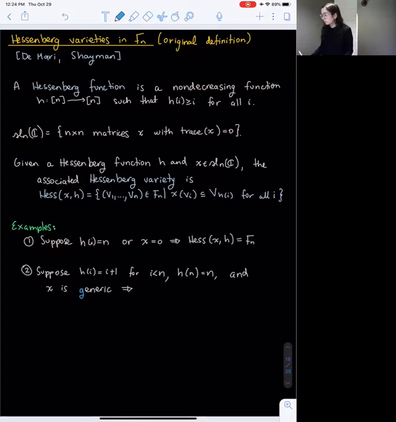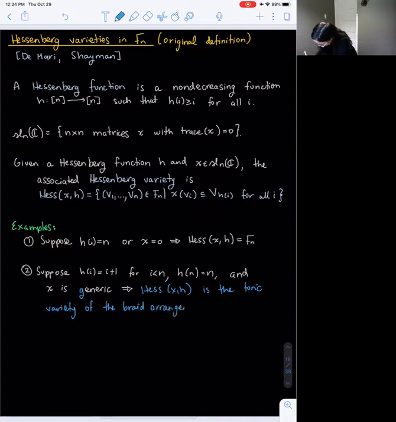In that case, the Hessenberg variety is the toric variety associated to the Braid arrangement, or in other words, the toric variety of the permutohedron.